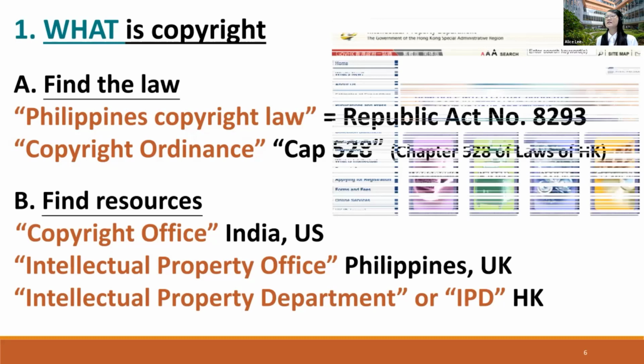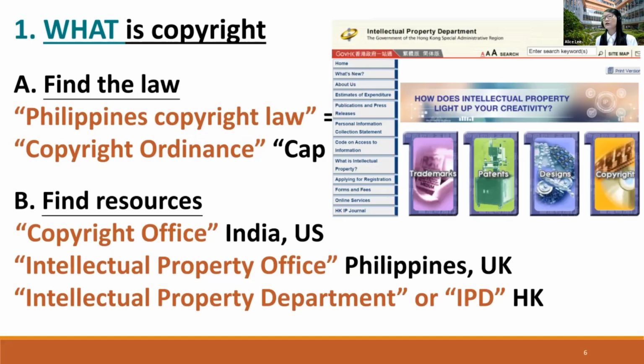It looks like this. So this is the official website of the Intellectual Property Department of the government of the Hong Kong Special Administrative Region. On this website, you can get information not just about copyright, but also about other types of intellectual property rights, such as trademarks, patents, and design. So this is a very, very useful skill I hope you have just acquired.